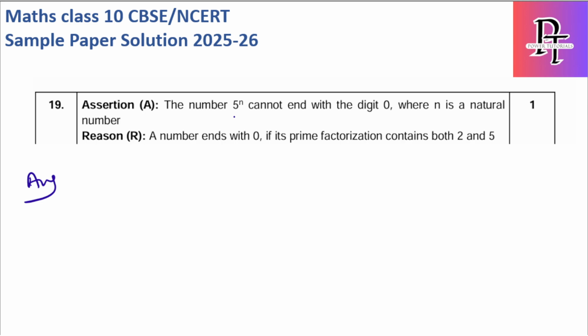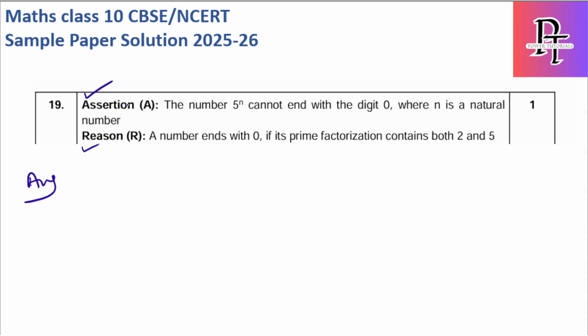Assertion: the number 5 power n cannot end with digit 0, where n is a natural number. Yes, this is true. Why? Because for a number to end with 0, it should have at least 2 and 5 as factors. Now the reason: if a number ends with 0, its prime factorization contains both 2 and 5. Yes, this is also correct.